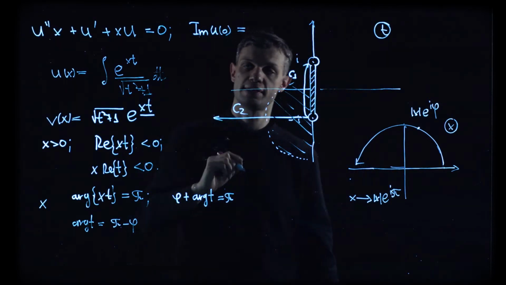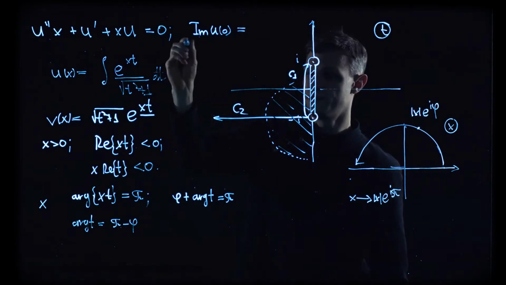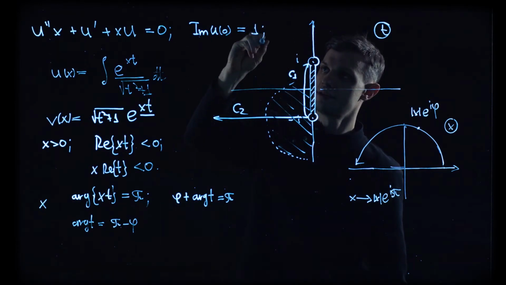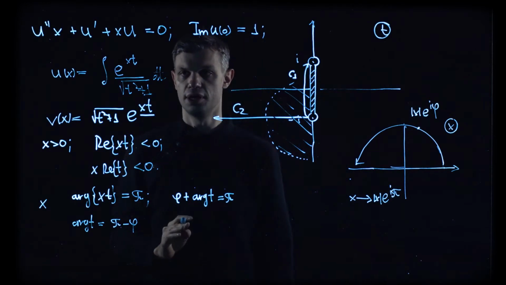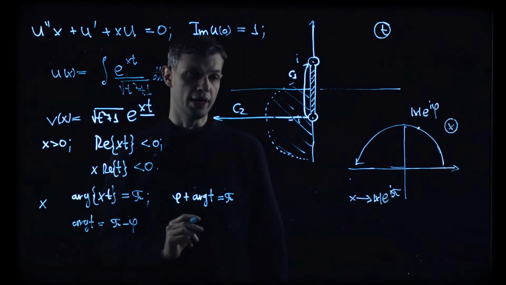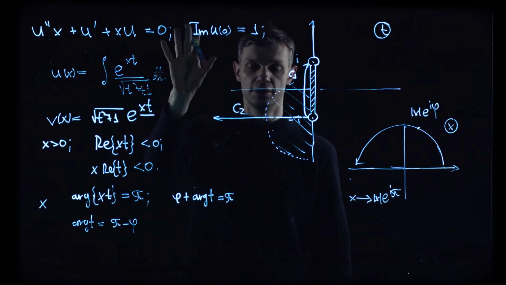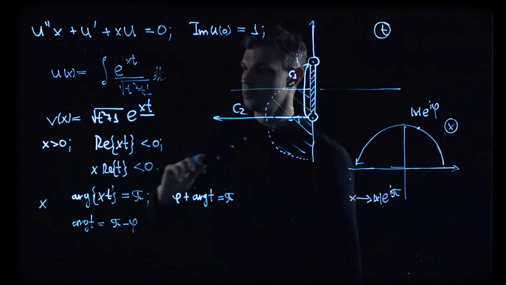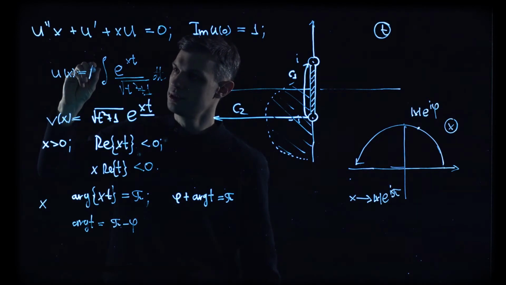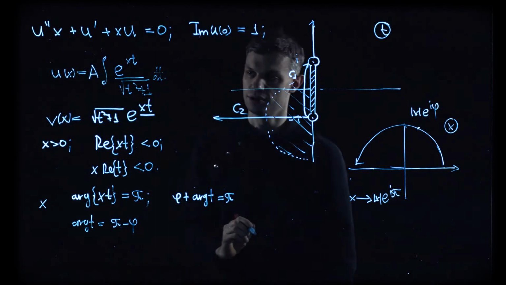And this u of x happened to be finite. This is going to be our normalization for our equation. We'll address this normalization later and fix all the constants, because as you remember, some constant is always present in front of our solution.